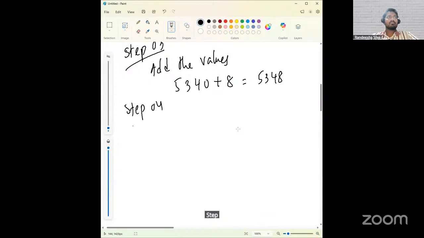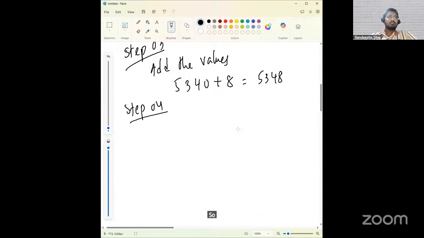Then step number 4. This number is 3.426, which means it is between 1 and 10, only one decimal place.